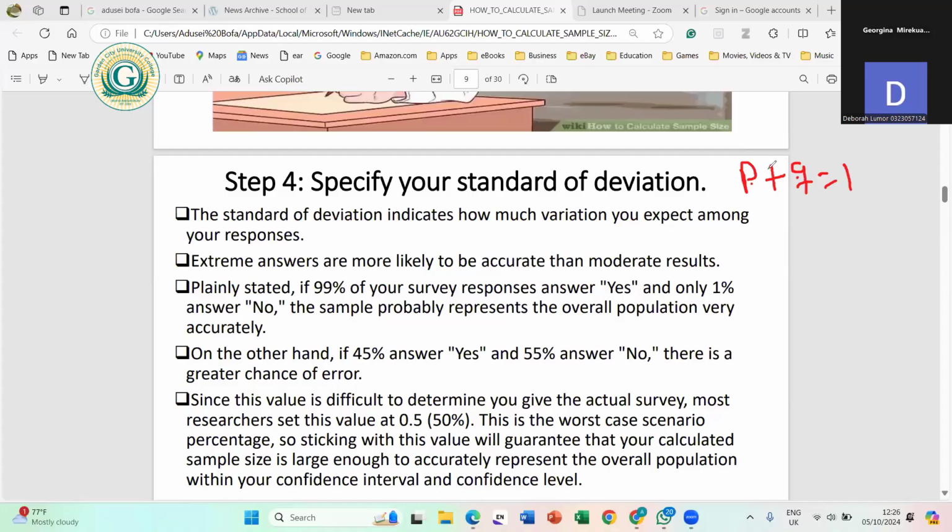Don't forget these things are in percentages or in decimals. So I just add them, and that should give me 100% or 1.